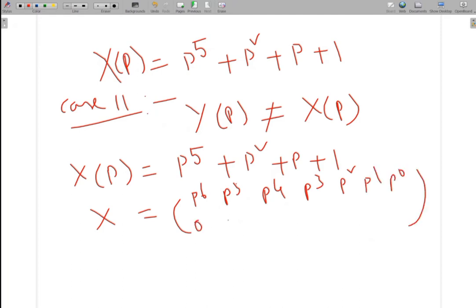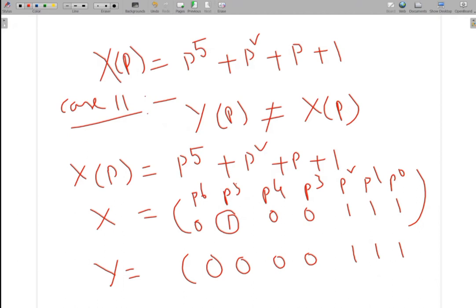P power 6 quotient is not there, P power 5 quotient is 1, P power 4 and P cube quotients are not there, P square quotient is 1, P quotient is 1. This is the X. But in the received code word Y, a 1 is replaced with 0. Some error is forcefully introduced for detecting the error procedure.